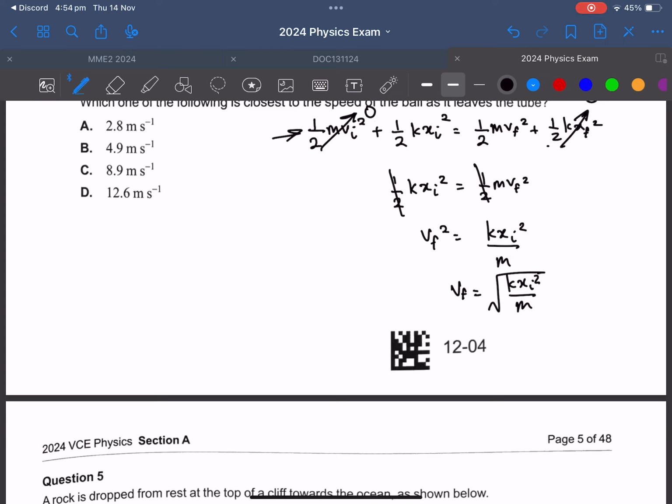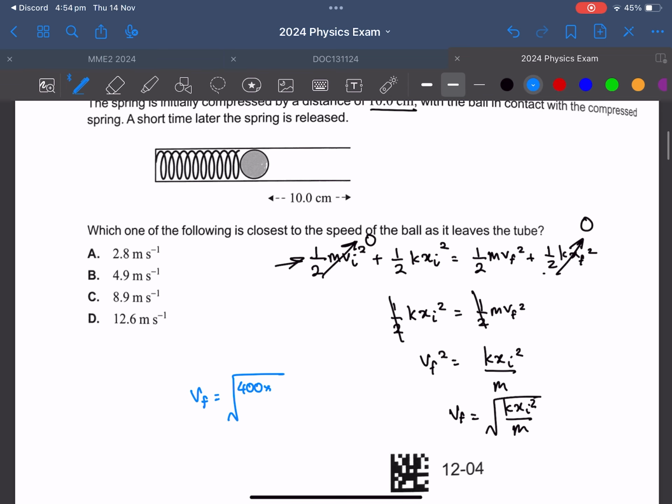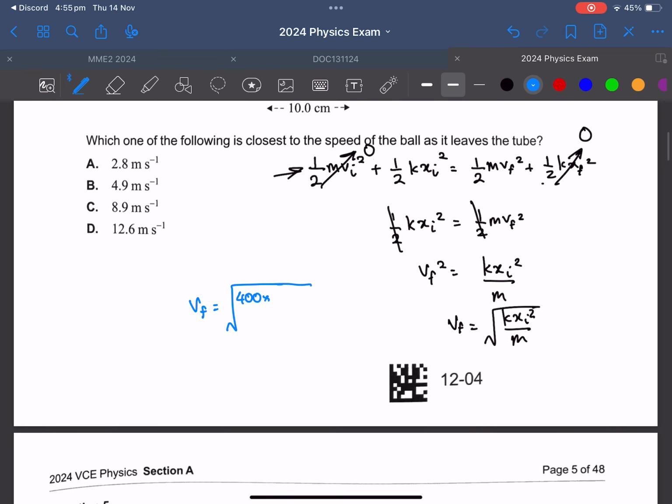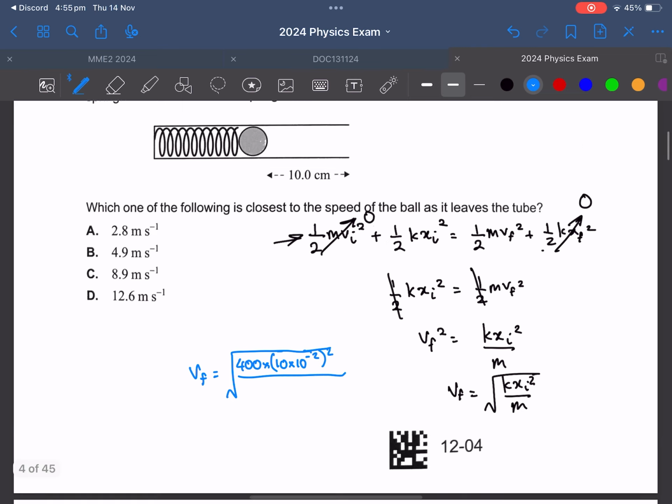So our v_f is equal to the square root of 400 times the initial elongation, I believe it's 10 centimeters, yep. So 10 times 10 to the power of minus 2, squared, divided by the mass.